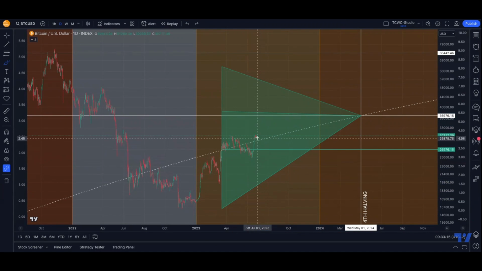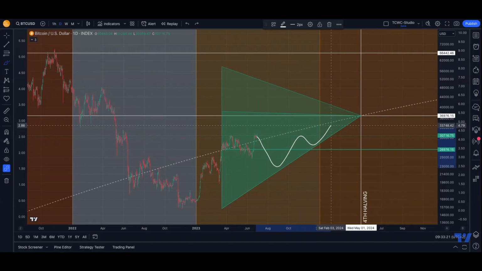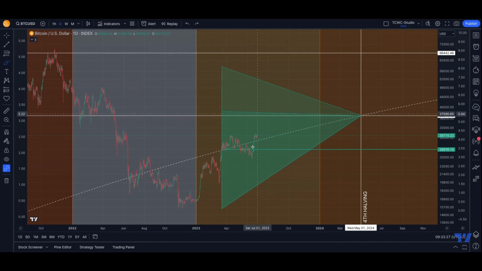All right, and then we could also kind of just ride along the bottom as well. That's always a possibility, but given the fact that this lower triangle is pretty in line with the jet stream as well, we're just projecting that we're probably going to do something like this.